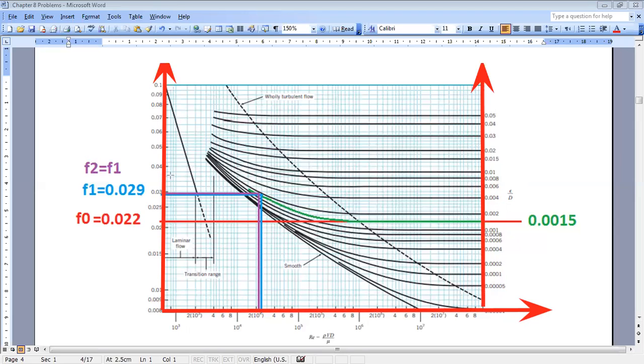So for example, if I tell you epsilon over d is 0.02, let's say, you go over the curve of 0.02. This is the curve of 0.02, like this, and then here it is going upward. So if I give you Reynolds equal to, for example, 10 to the power 6, I go up.